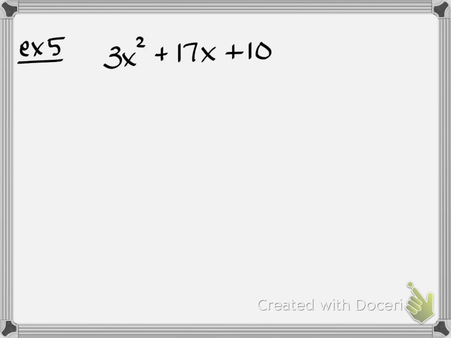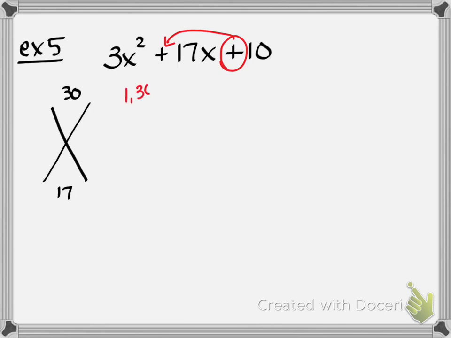Too bad there's not a GCF that I can factor out, but there's not. So A times C at the top, B at the bottom. We want to get two numbers that add to positive 17, so we're going to have positives here.